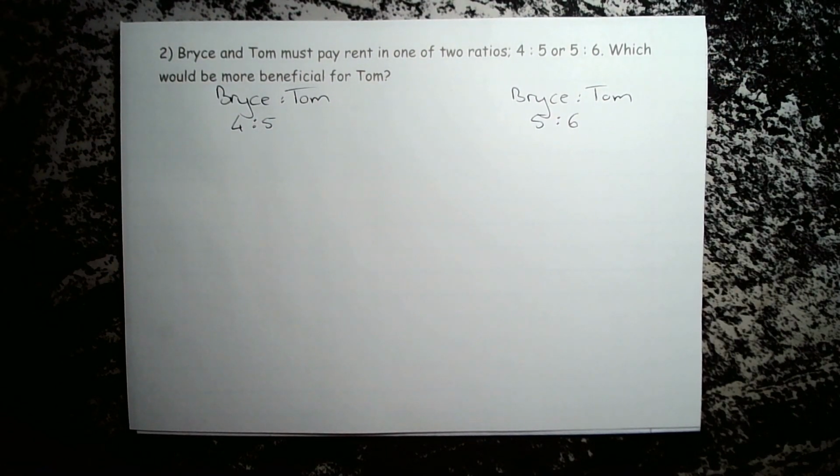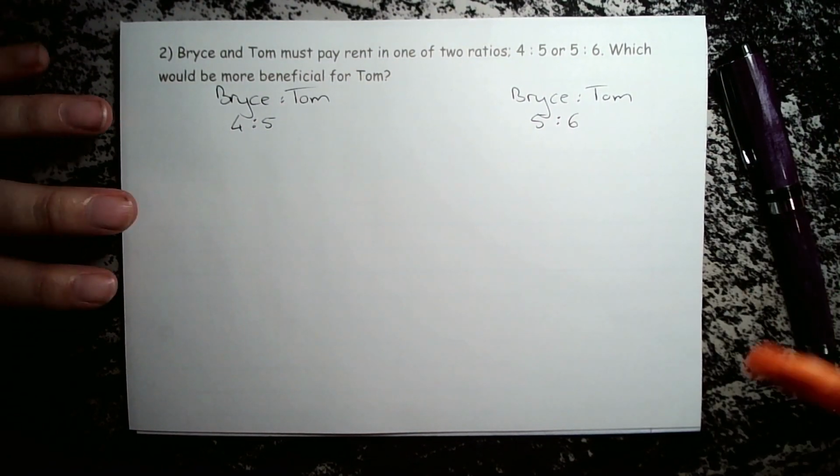All right, so we now know that the person that we are looking for the outcome for, more favorable, less favorable, is the person that we should have as the numerator in the fraction.